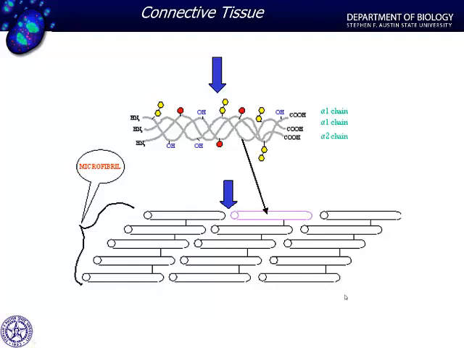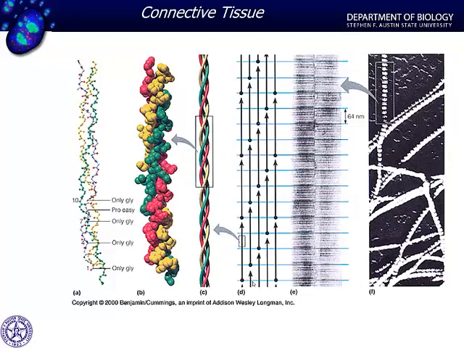Now I want you to notice, you see the cross links between the collagen molecules, and these cross links are going to result in a staggered appearance of the collagen molecules as they are assembled. That is going to result in what is referred to as a periodicity to the collagen molecule, essentially a striped appearance.